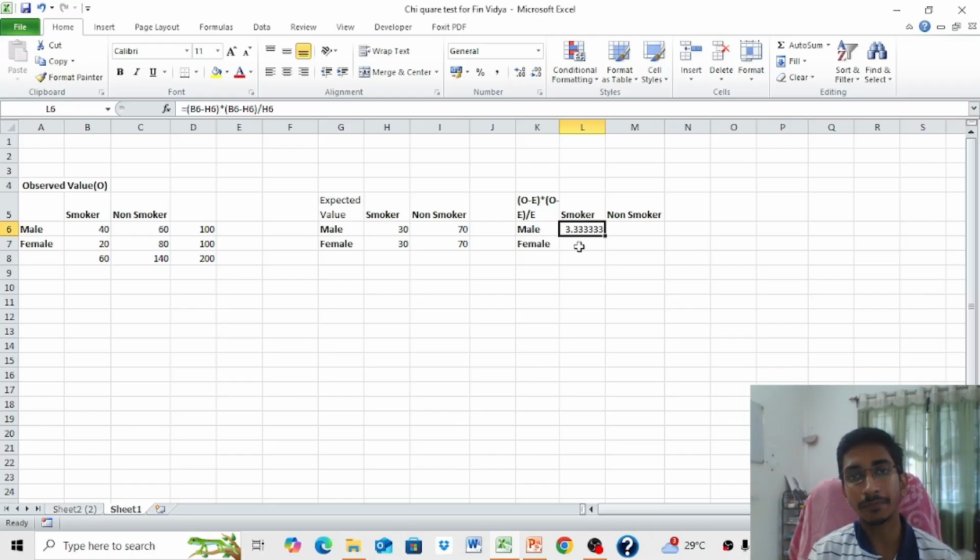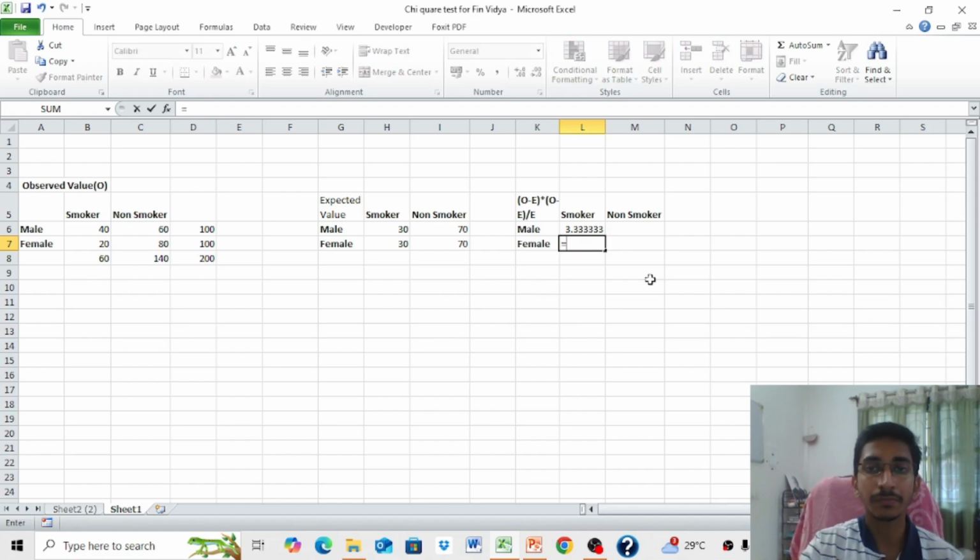So this is the chi-square value for male and smoker, right, and in the same way we will calculate female and non-smoker also, correct.